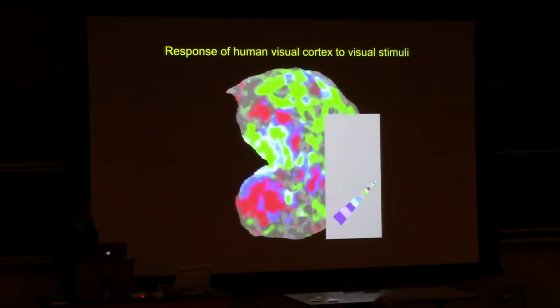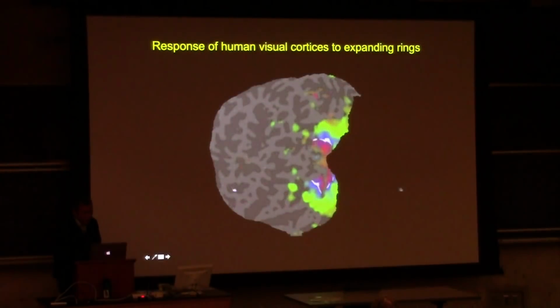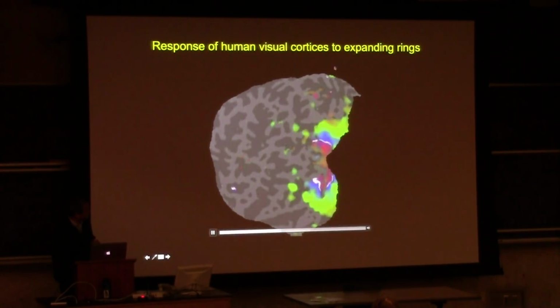So you use this kind of activity, where the visual stimulus looks like this, right? You see which part of the cortex is active. This is in radial coordinates, which is the angle. And you do another one, which I didn't show, an expanding ring. Based on these two, you see the activity in multiple places.